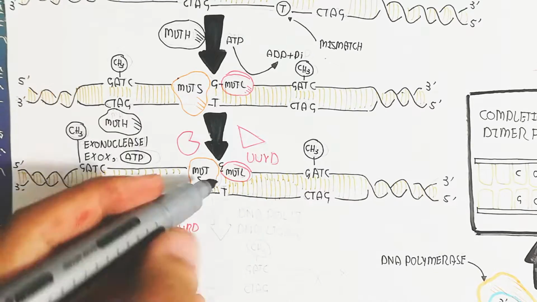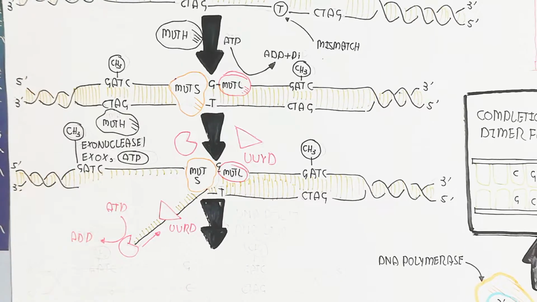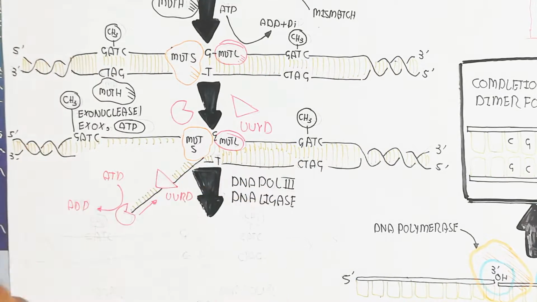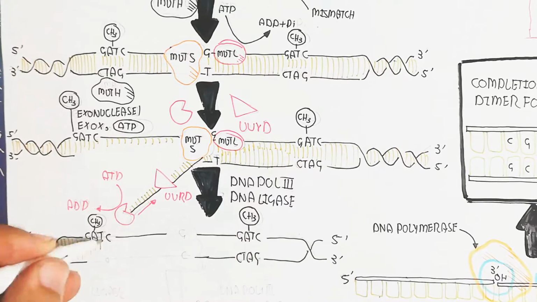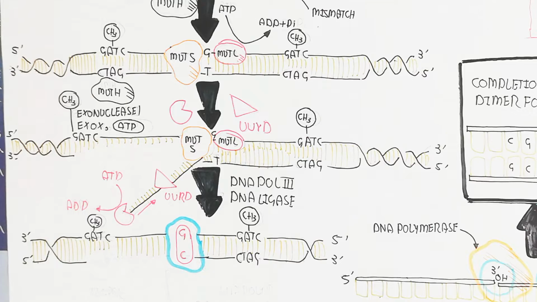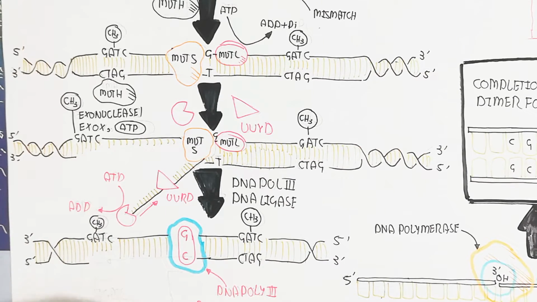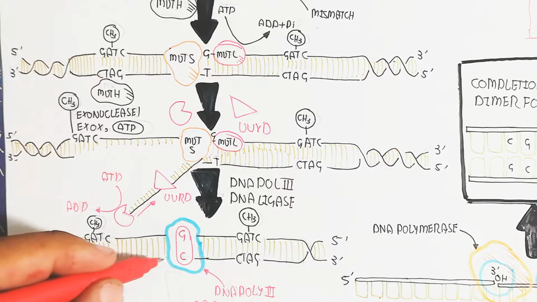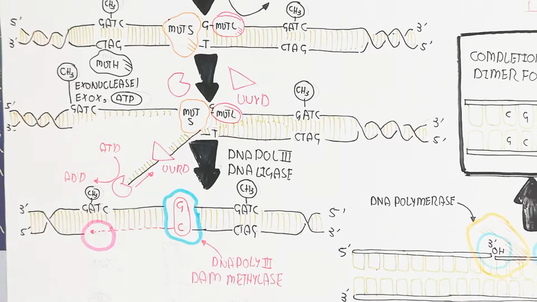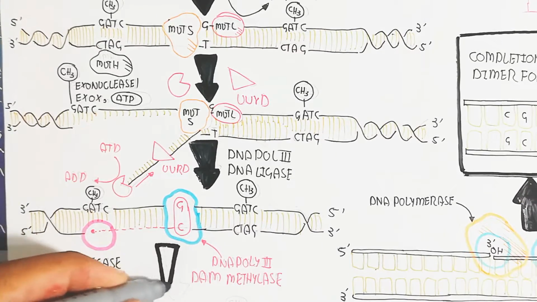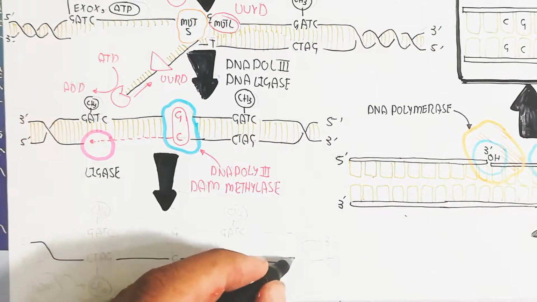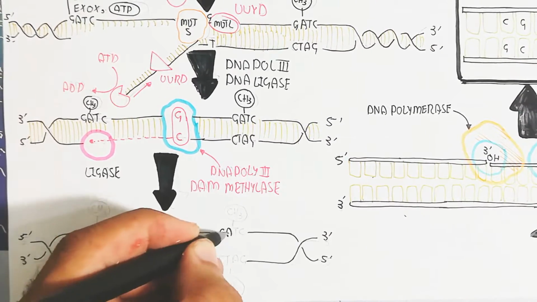ATP is used by the endonuclease enzyme, converting to ADP by hydrolysis, and UvrD maintains the broken strand. Then you can see DNA polymerase 3 and DNA ligase enzyme used to correct the guanine and cytosine mismatch, which is a point mutation. The Dam methylase enzyme is used after the ligase enzyme on the palindromic sequence to methylate it again.